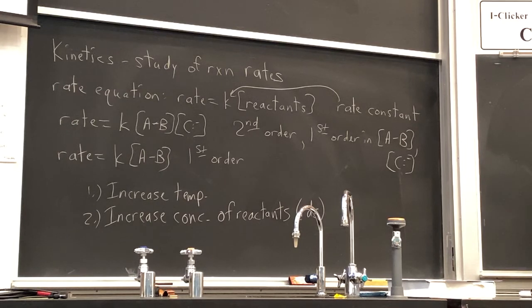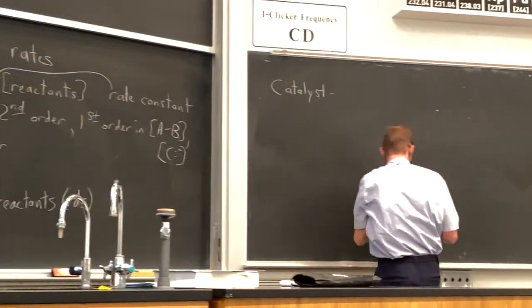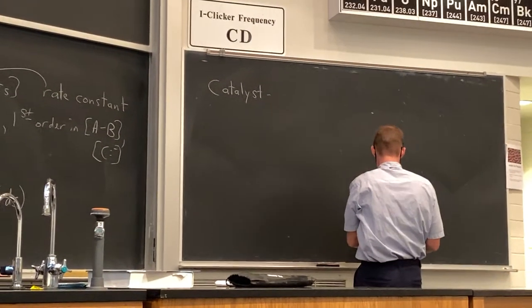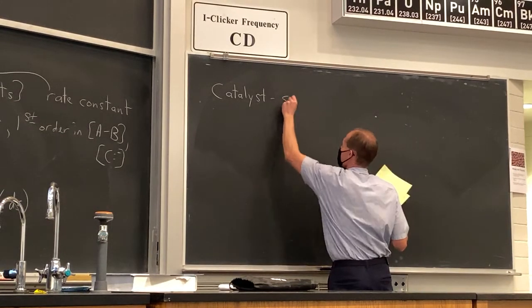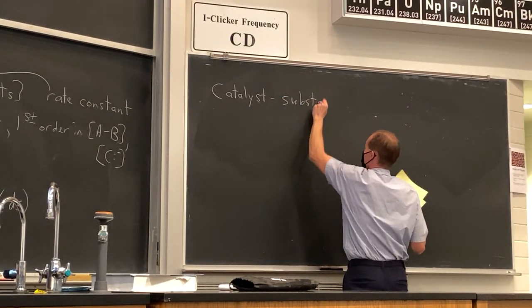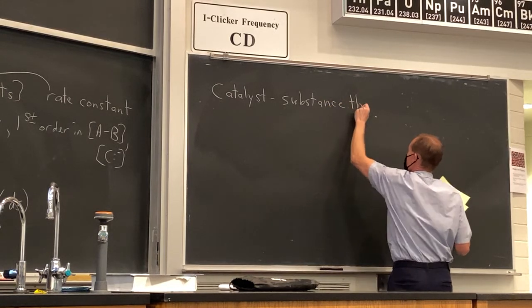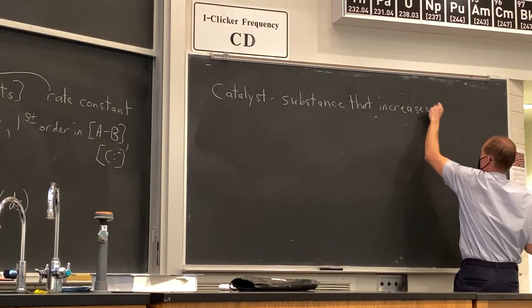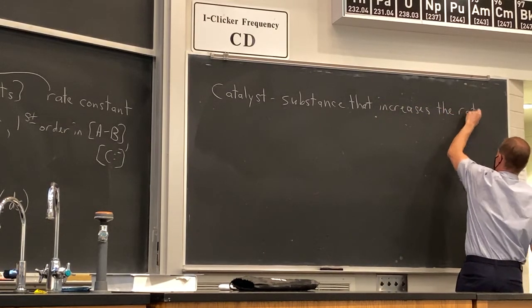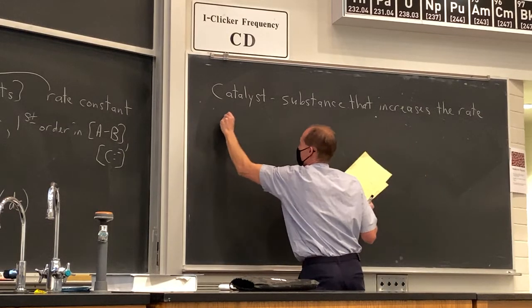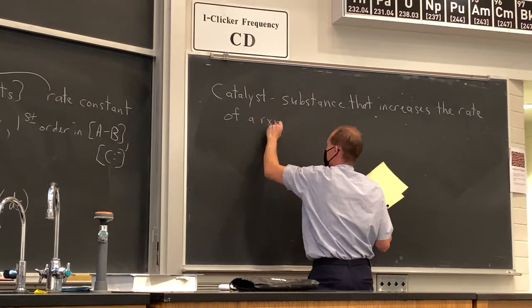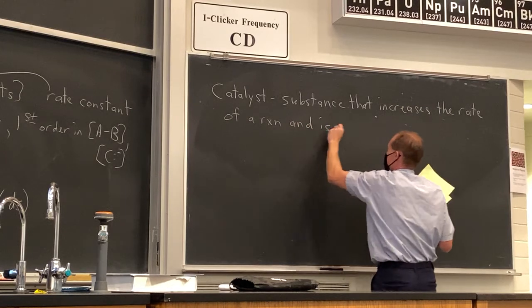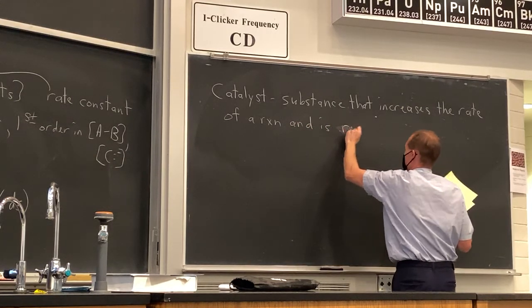There's a third way that we can increase reaction rates, and that is to use a catalyst. Okay? A catalyst is a substance that increases the rate of a reaction and is recovered unchanged.